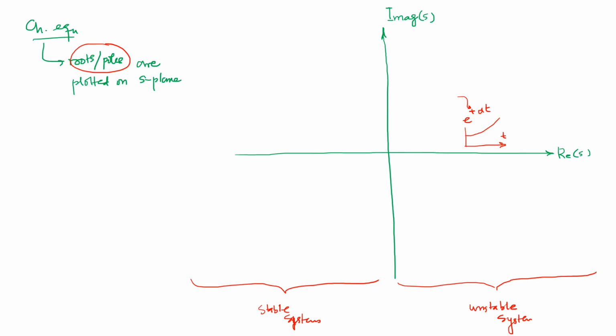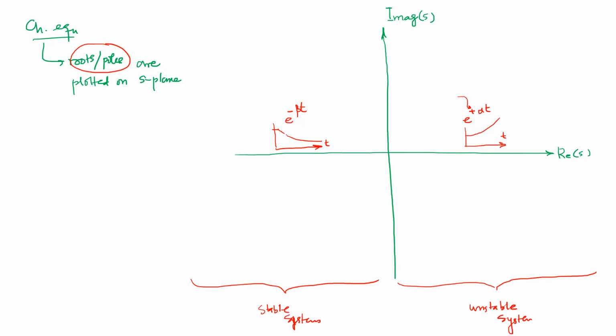So in that case, you are going to have e raised to power minus something as part of the response, and that would mean that you have a decay in the response in the time domain. So you are going to start from somewhere, but then you have the exponential decay in the system.